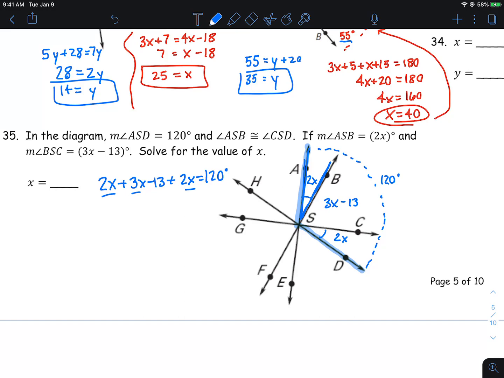That's 7x, I believe. 7x minus 13 equals 120. I guess we can add the 13. That'll be 133, and then hopefully 7 can go into that. I think it does. Yeah, there we go. That gives us x is 19 right there. And that'll be it for that section.